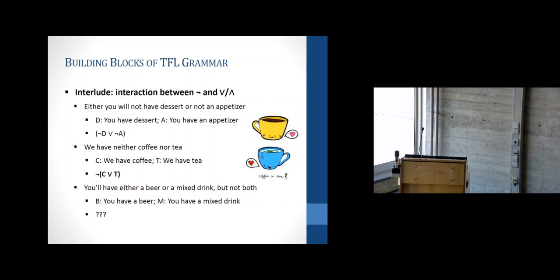But for now, think about what it means to say we have neither coffee nor tea. I'm saying it's not true that I have any of those. So I'm saying it's not the case that I have either coffee or tea. It would also apply to the group. Correct, yeah. There is a pattern here which will apply as well.